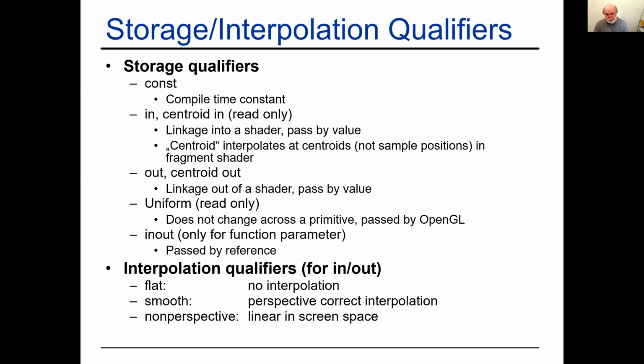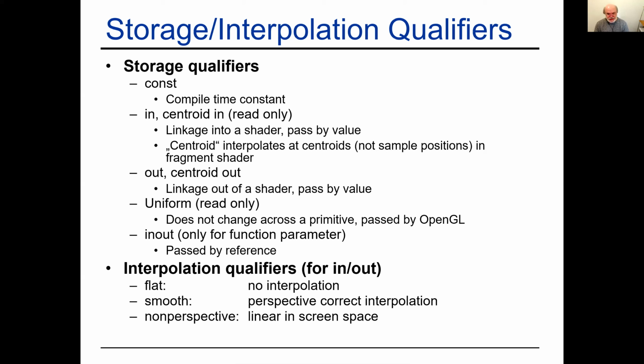There are uniform variables. Again, we talked about uniform variables already. You cannot write to them; they're read-only, and they get their values from the application that uses the shader. And there are inout variables that are only used for function parameters, and functions are very limited in GLSL. They're not as general. And certainly, for example, you can't use them recursively. There are interpolation qualifiers that tell you how the data should be interpolated.